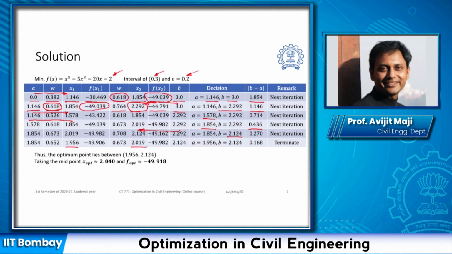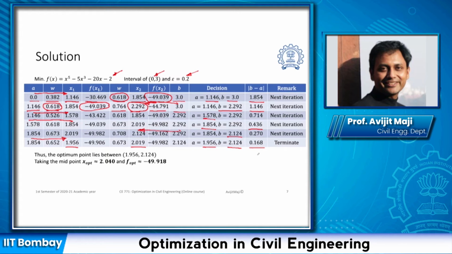At these 2 points, the objective function value indicates that we need to move the boundary 1.854 to 1.956. Now the boundaries are 1.956 and 2.124, and the distance between the boundaries is 0.168, which is lesser than the precision we want to achieve.